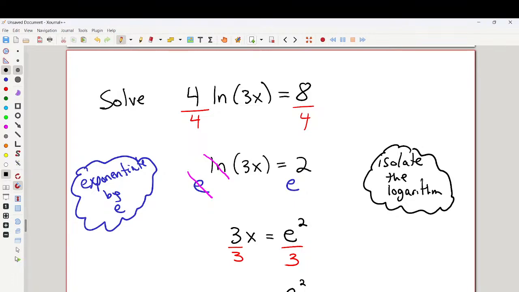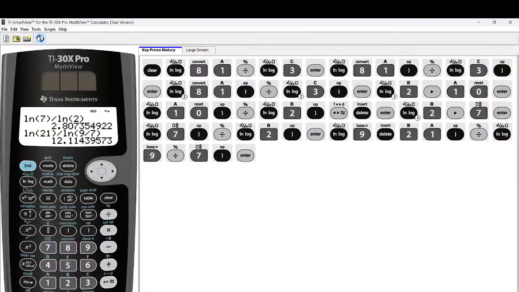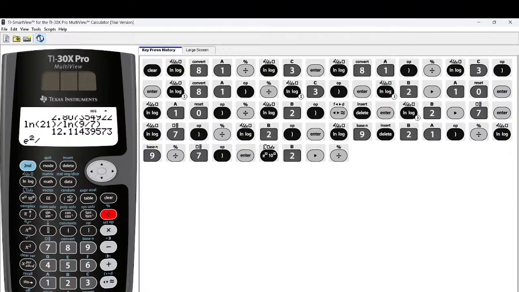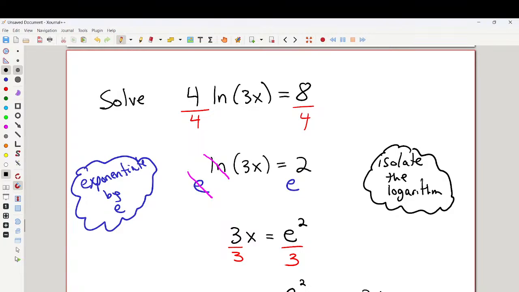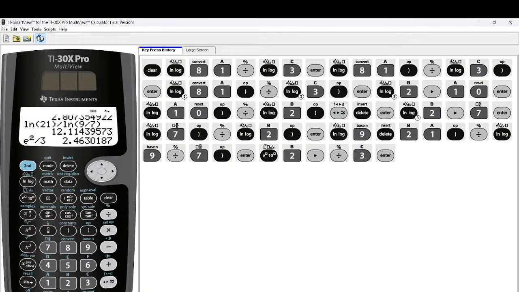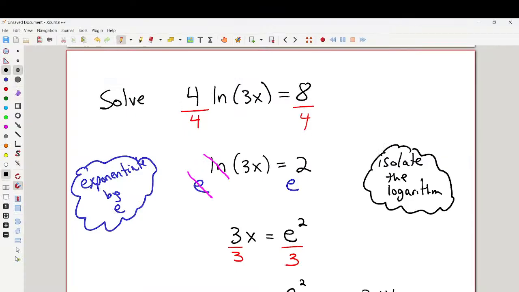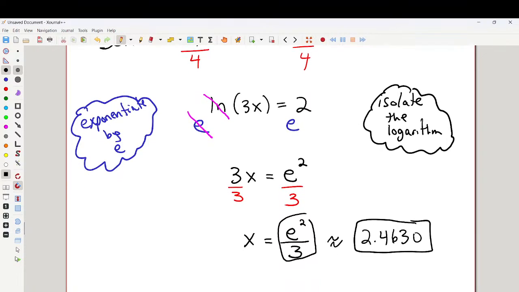What is that as an approximation? Just for the heck of it, e squared divided by 3, 2.4630. But I will tell you, in my lab, they do want exact answers.